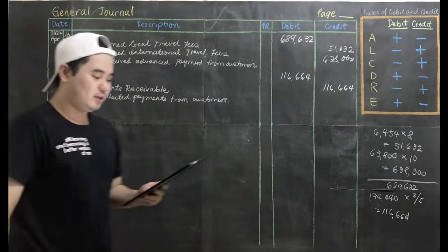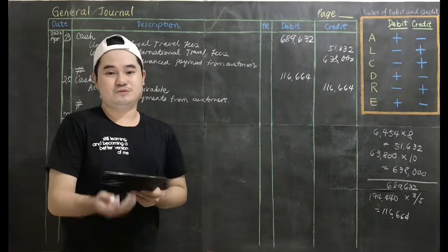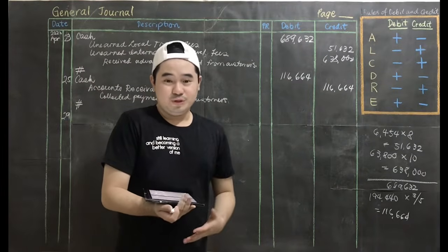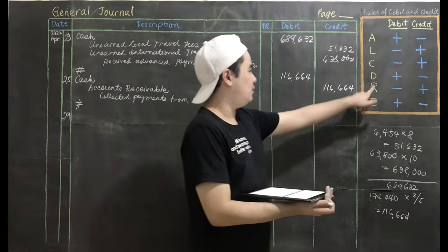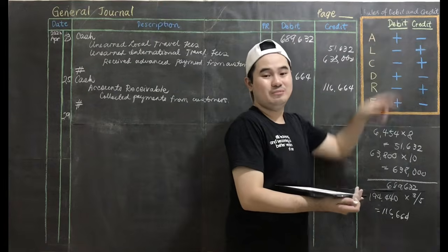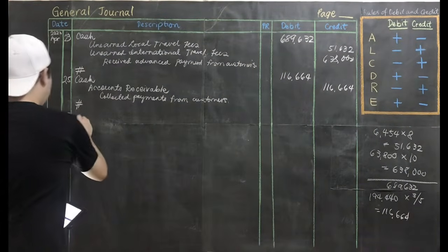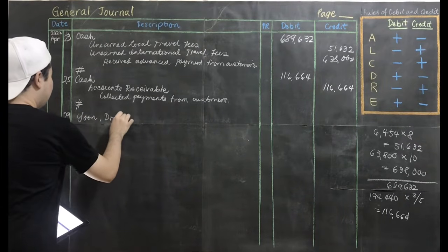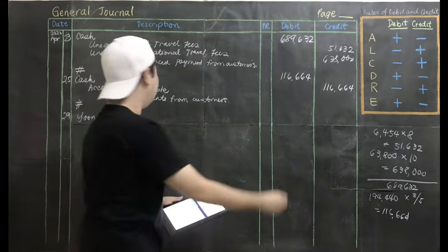April 29, the owner had an emergency and has withdrawn 30,000 cash for personal use. Okay, so pag nag-withdraw po ang owner ng cash from the company, that is a drawing transaction. When there is a drawing transaction, you debit it. So we will use the account Drawing. Magkano? 30,000.